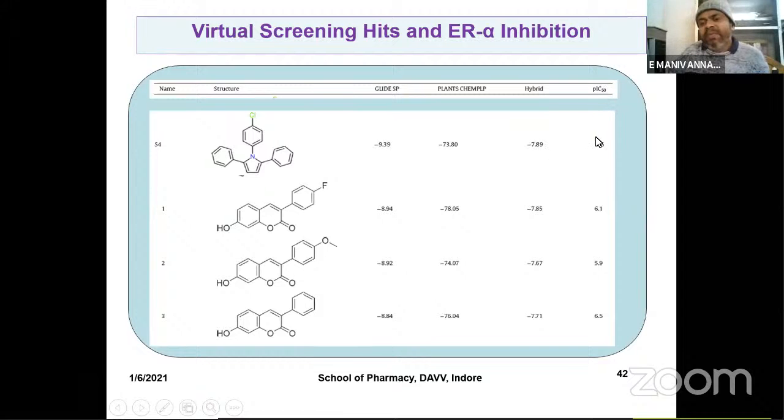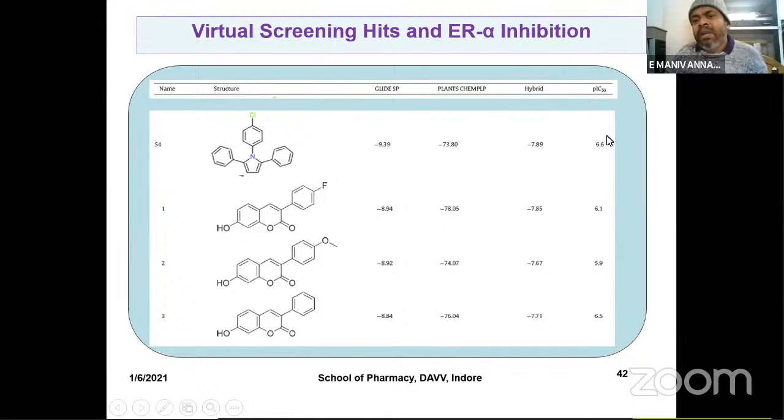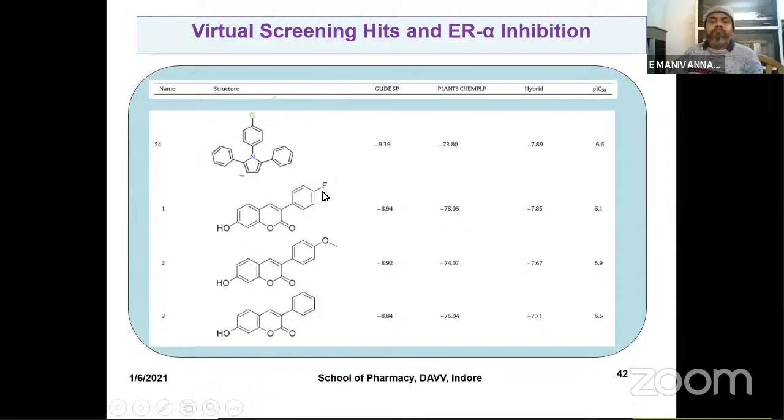And the pIC50, sorry, this is the experimental value, not the theoretical prediction. This is 6.6, and for the coumarin molecules, 6.1, 5.9, and 6.5. So this is our prospective screening result.